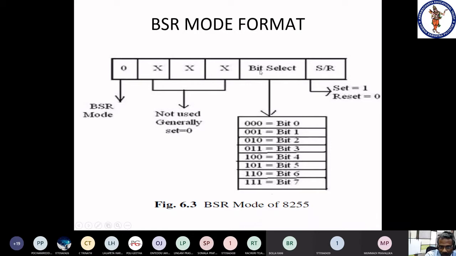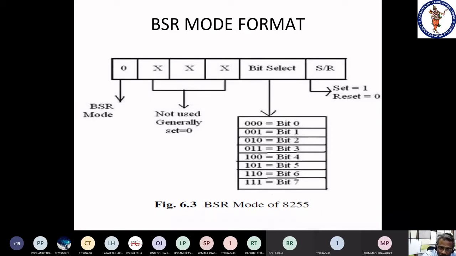The next 3 bits are used for selecting the 1 bit of port C for set and reset purpose. PC0 to PC7 are 8 bits, so for 8 bits there are 8 port bits, and each port bit has a separate address.